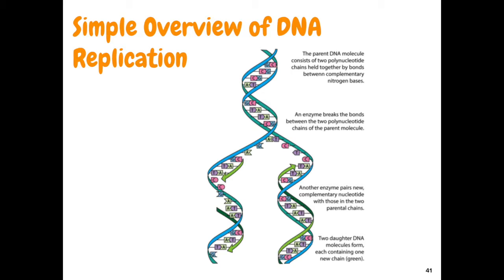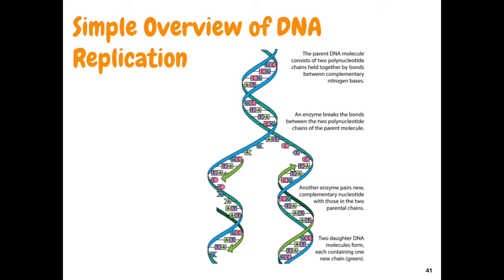In general, what needs to happen to DNA before it can replicate is that the hydrogen bonds connecting the bases inside the double helix of DNA need to be broken. Once they're broken, those two strands form what we call the template strands. And enzymes will read the bases on each of the two template strands.